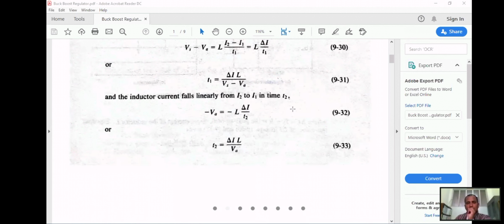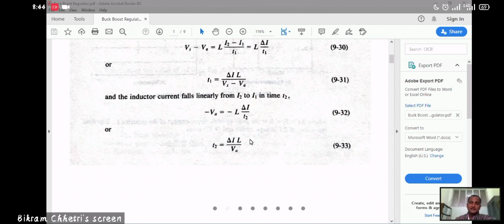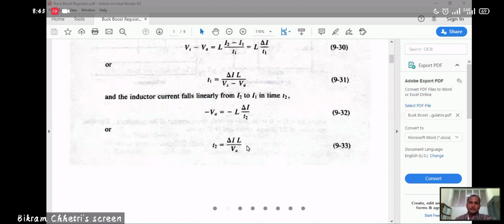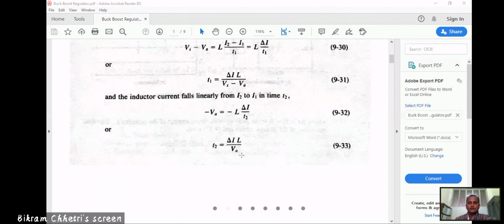During the off period there will be no source voltage, so the load voltage Va will apply, and the energy will be stored in the inductor and capacitor. So T2 will be the change in current times L divided by Va.